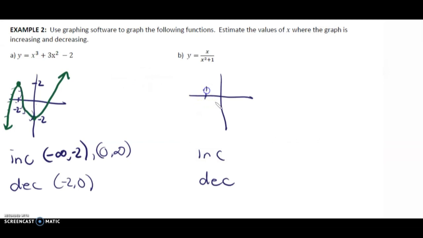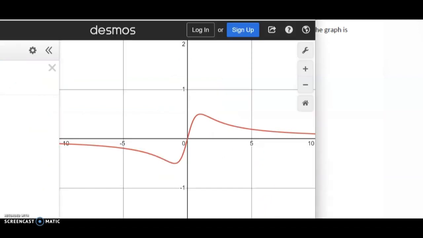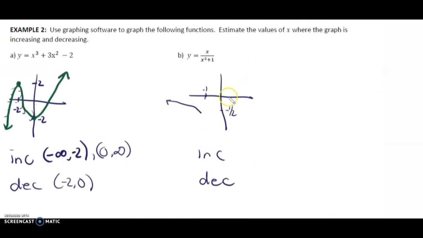It's going to be (-1, -1/2), and we're decreasing until about here. And then we're going to increase until this turnaround point, (1, 0.5), because we're going up. Okay, so that's the turnaround point. It goes to 0. So this is 1, and then 1/2.